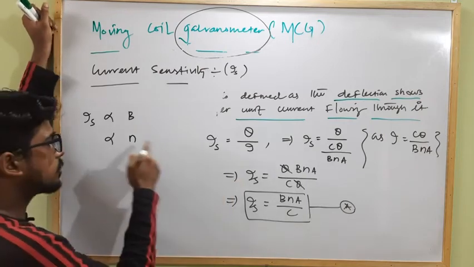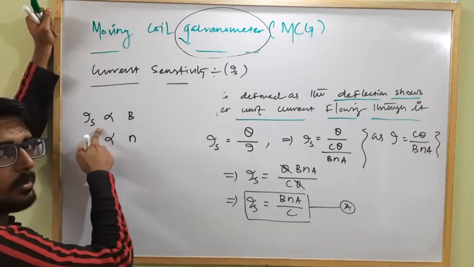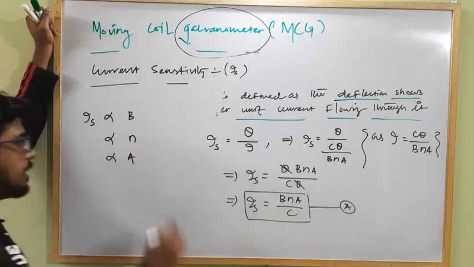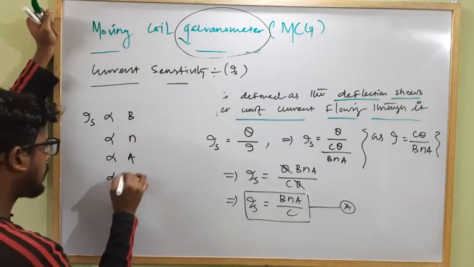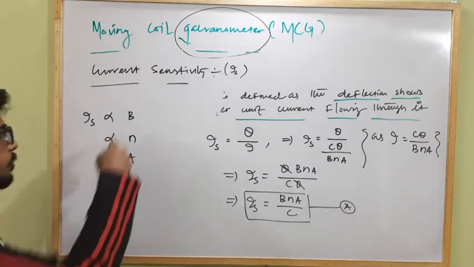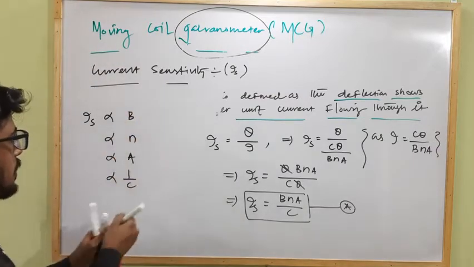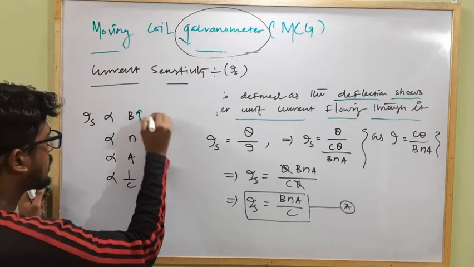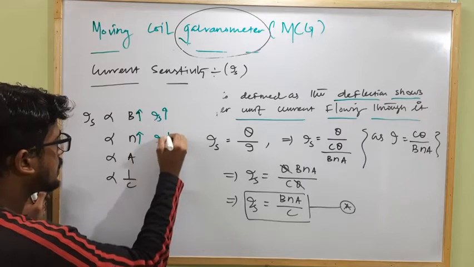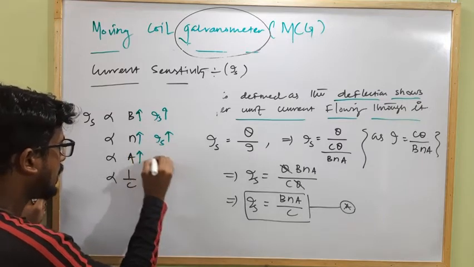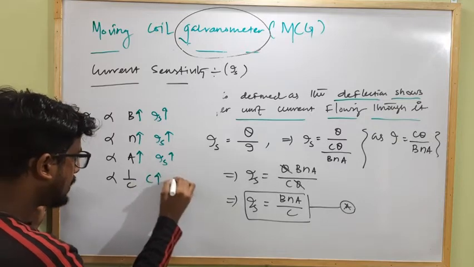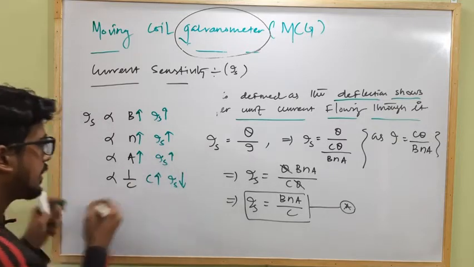If the number of turns of the coil increases, the current sensitivity also increases, and it's also directly proportional to the cross sectional area, and it is inversely proportional to the torsional constant of the spring C. So if magnetic field increases, IS increases; number of turns increases, current sensitivity increases; cross sectional area increases, current sensitivity increases. But if C increases, current sensitivity decreases.